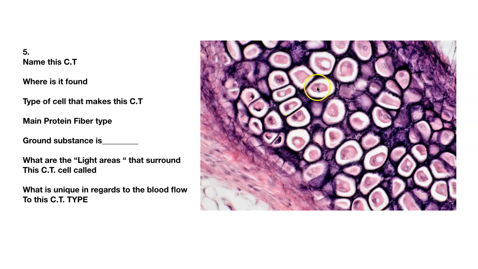So what are these guys called? And what is unique in regards to the blood flow to this particular connective tissue type?